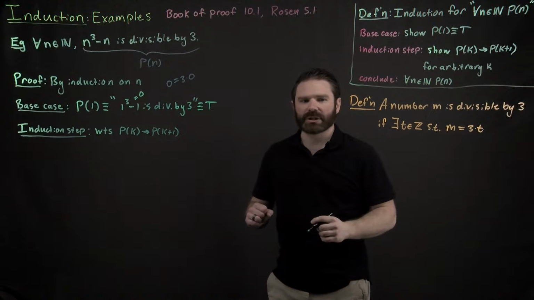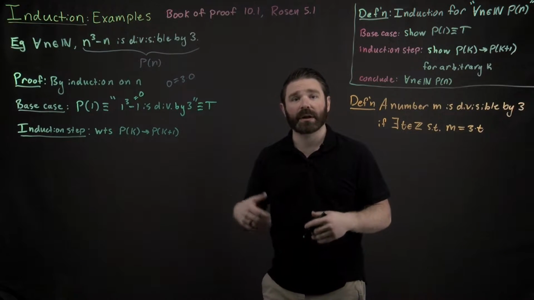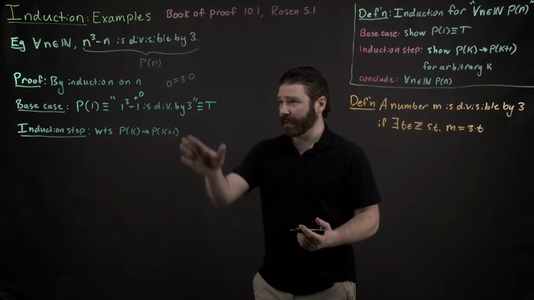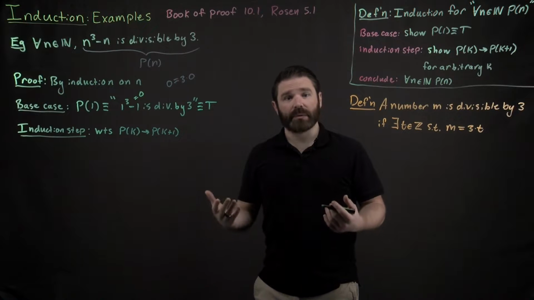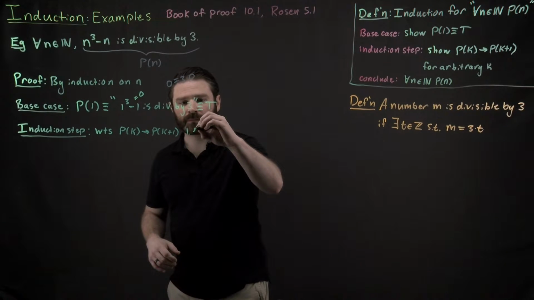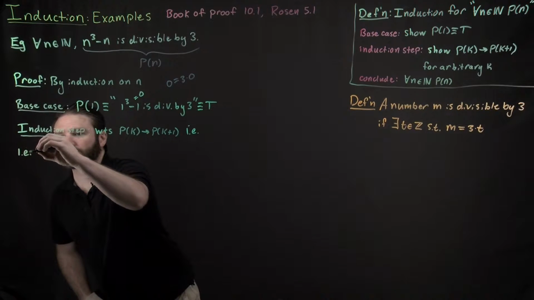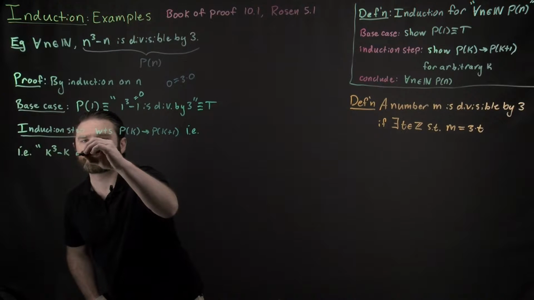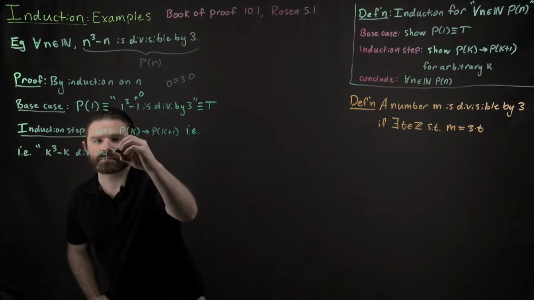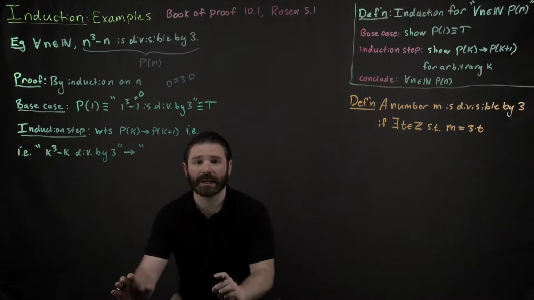So here in our induction step, what we want to show is that P of k implies P of k plus 1 for arbitrary k. And in this particular example, with this particular propositional function, what that means is that we want to show, and here I have to be careful.